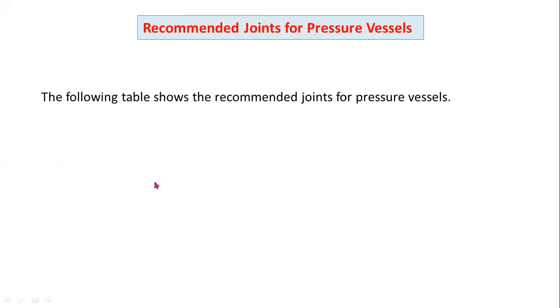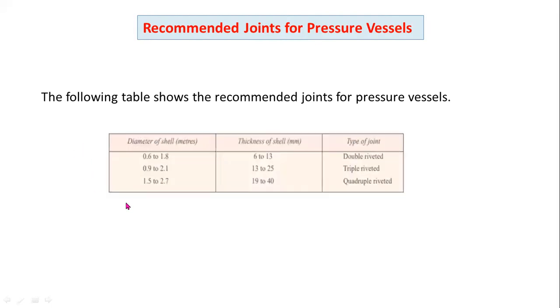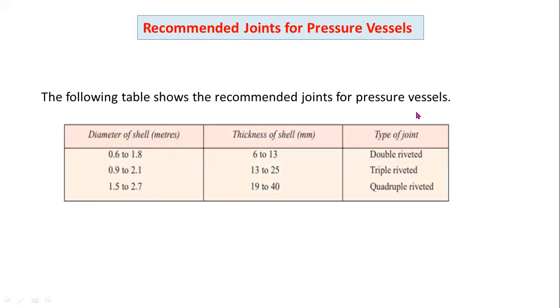Now, recommended joints for pressure vessels. The following table shows the recommended joints for pressure vessels. You can observe this table. If the diameter of the boiler is 0.6 to 1.8 meters and the thickness lies between 6 mm to 13 mm, then you have to use a double riveted joint.